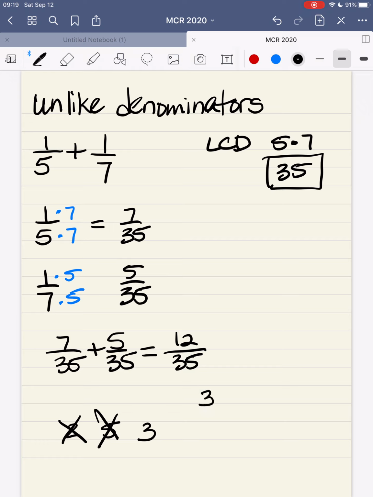Well, 35 is 3 plus 5, which is 8. Okay? So in order for it to be divisible by 3, if you add the numbers together, that result needs to be a number divisible by 3. 8 is not divisible by 3. Therefore, it is not divisible by 3, and we are good to go.